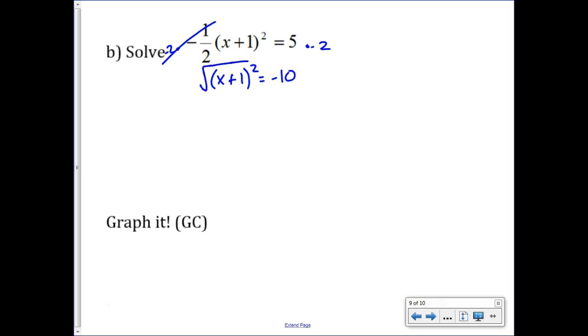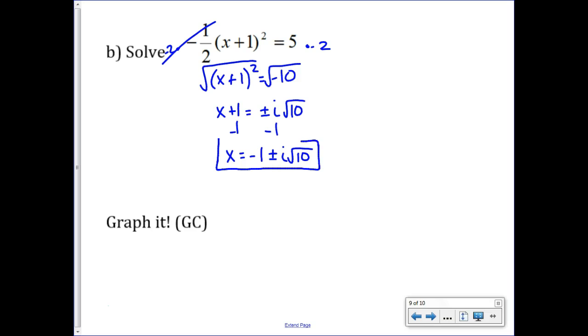Now I'm going to take the square root of both sides. So I get x plus 1 is equal to plus or minus. I can take out an i, but nothing else is going to come out of there. So then I'm going to subtract 1 from both sides, and I get x equals negative 1 plus or minus i radical 10.